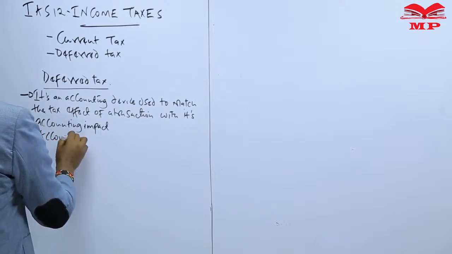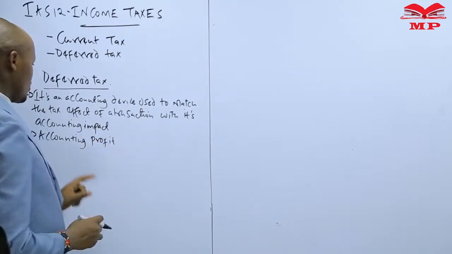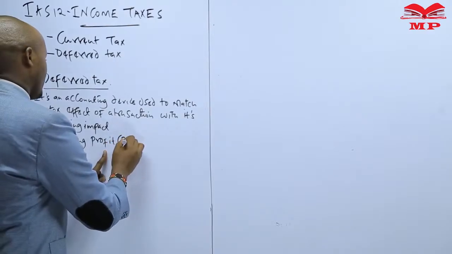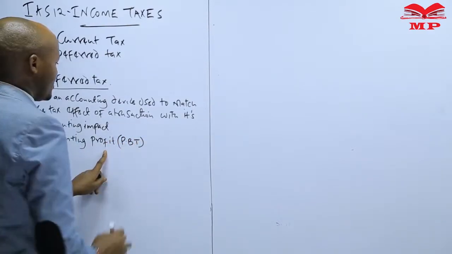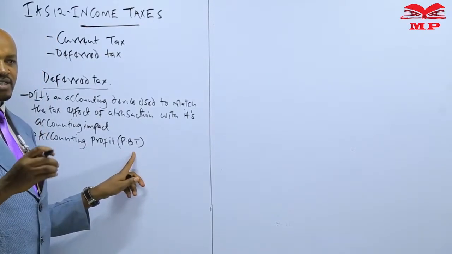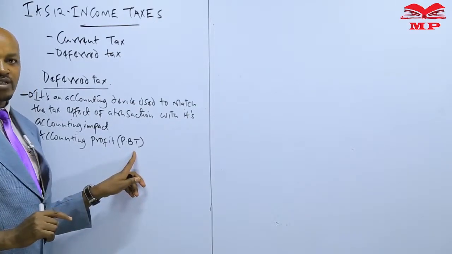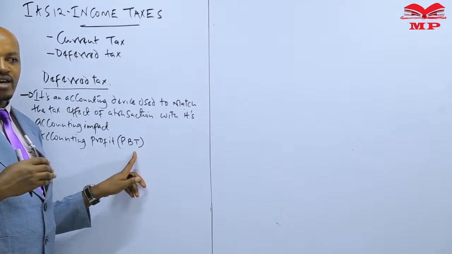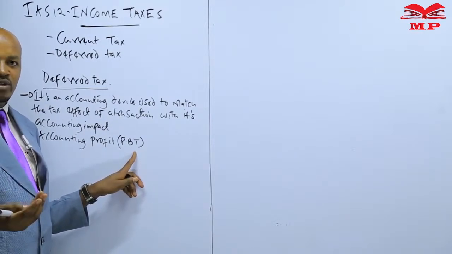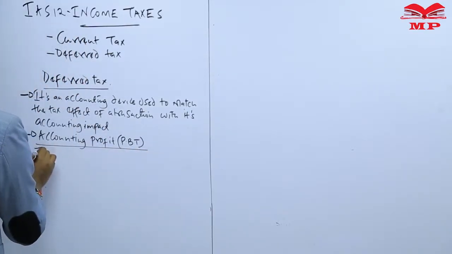When we talk about the accounting profit, this is what in other terms we refer to as the profit before tax, and this is a profit which is computed in preparing the income statement, based on the various accounting policies and the various accounting concepts adopted by an entity.